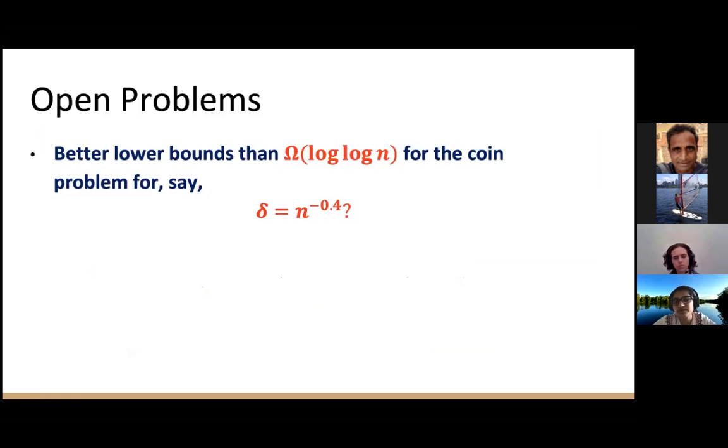So we proved a lower bound of omega log n when delta is some small constant times n to the minus 0.5. And then you have upper bounds of order log 1 by delta for much larger values of delta, but we do not know anything about values of delta like n to the minus 0.4.